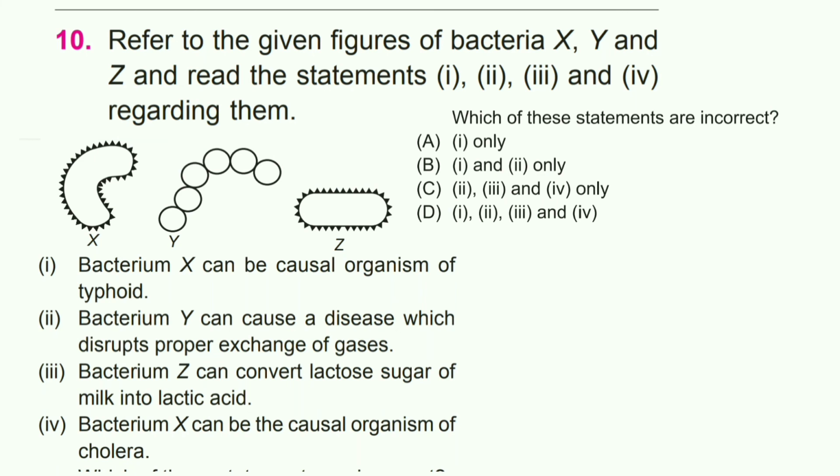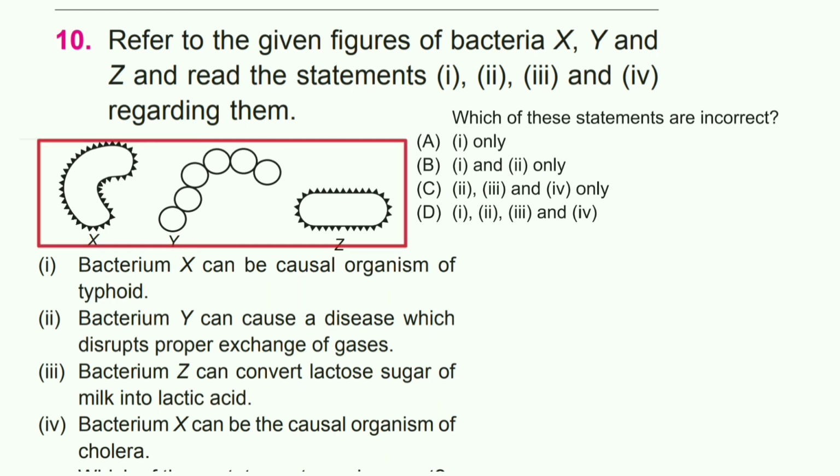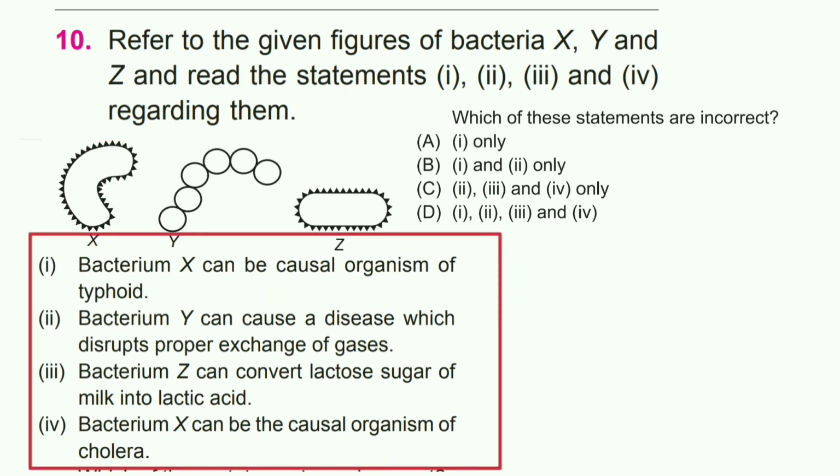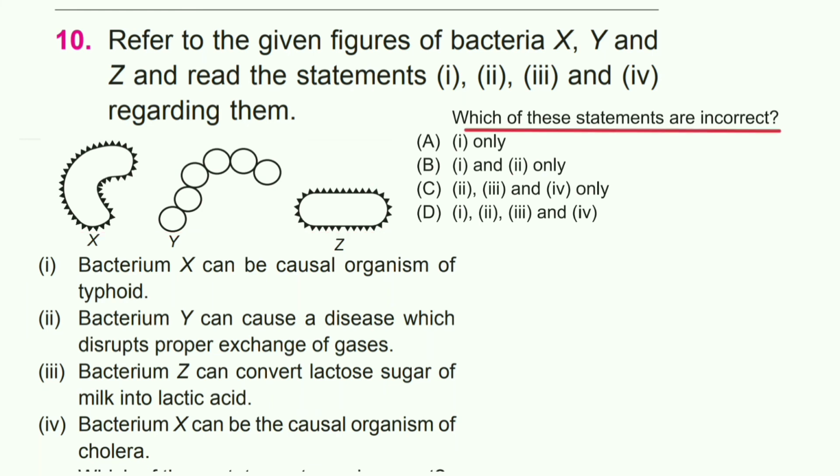Question number 10. Refer to the given figures of bacteria X, Y and Z and read the statements 1, 2, 3, 4 regarding them. These are the given bacteria and these are the statements regarding the bacteria. The question is, which of these statements are incorrect? Statement 1.